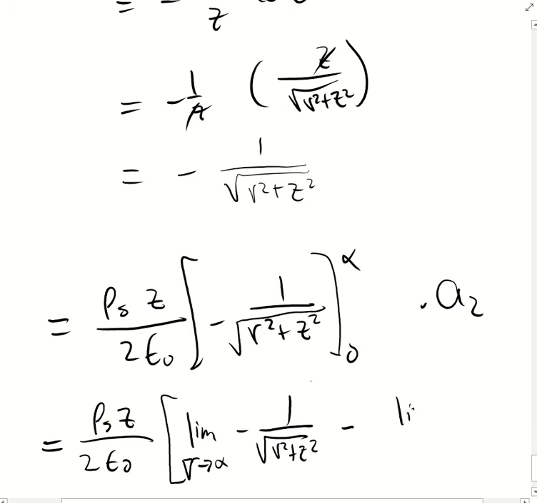If that is 0, we just put 0. So this will be negative 1 over the square root of 0 plus z squared. So that will be positive 1 over z squared. This is z.